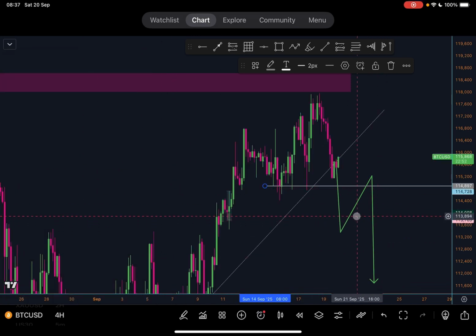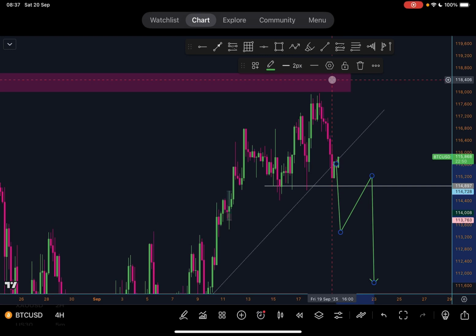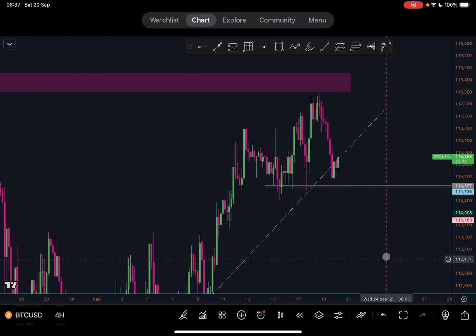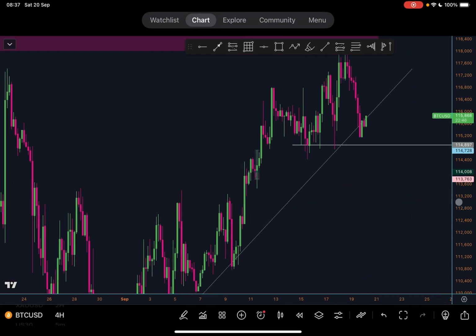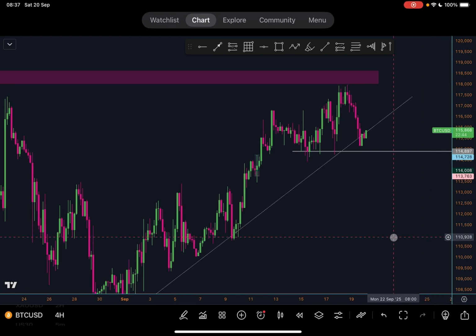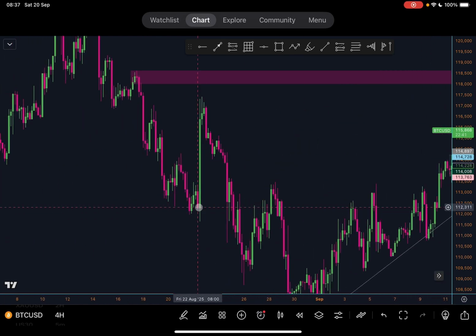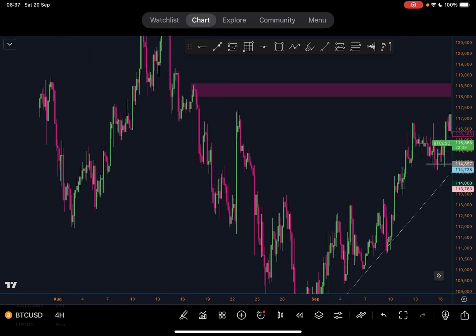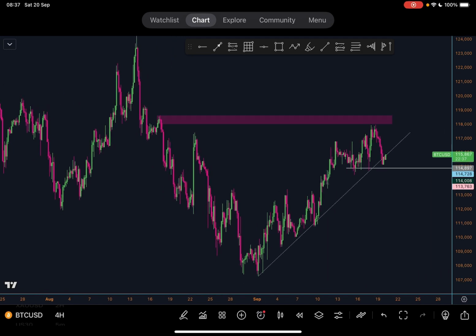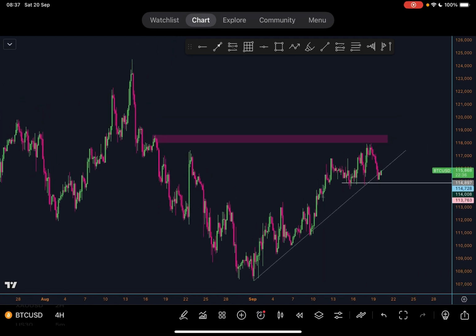So you can see for now there's no break, so you keep waiting for a proper sell confirmation. So that's it on BTC.